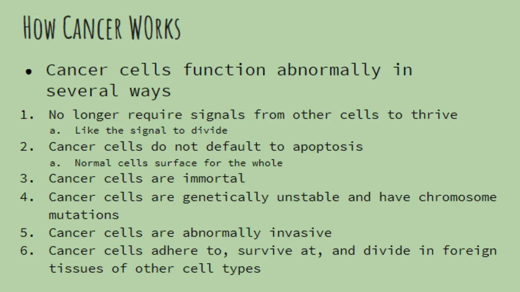Cancer cells are also abnormally invasive and they adhere to, survive at, and divide in foreign tissues of other cell types. So normally when they are put into other foreign areas, they can't survive at all because they don't have any of the same signals, they don't have any of the same environment to get nutrients. So if a liver cell was placed into a lung cell environment, then it would just die because it wouldn't know what to do.